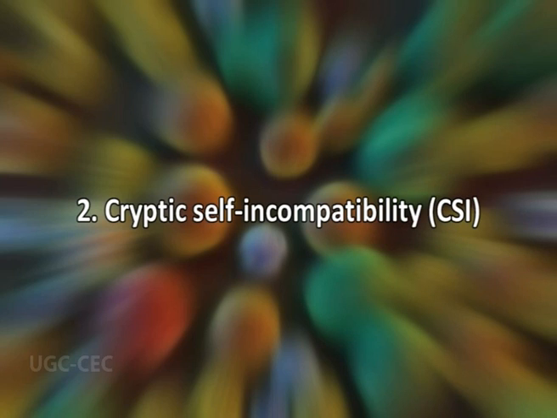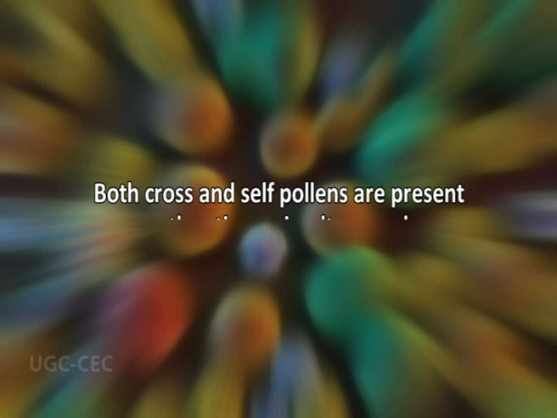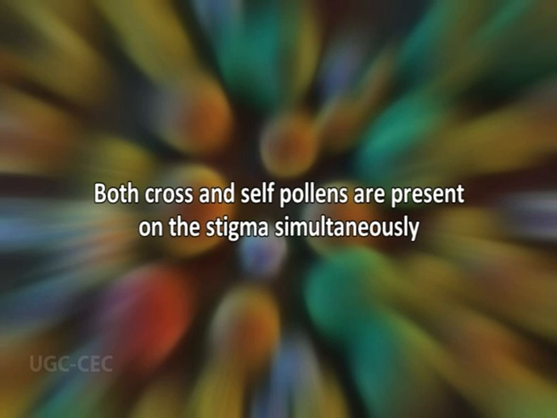Number 2, cryptic self-incompatibility, CSI. In this type of self-incompatibility, both cross and self pollens are present on the stigma simultaneously. Higher seed set has been observed from cross pollen in comparison to self pollen. In CSI, normal fertilization and seed set have been reported through self-pollination even in absence of cross pollens.